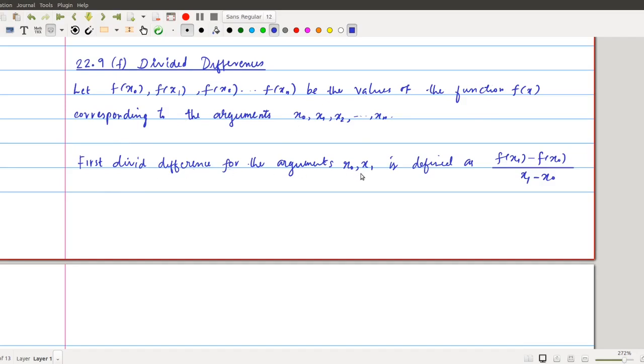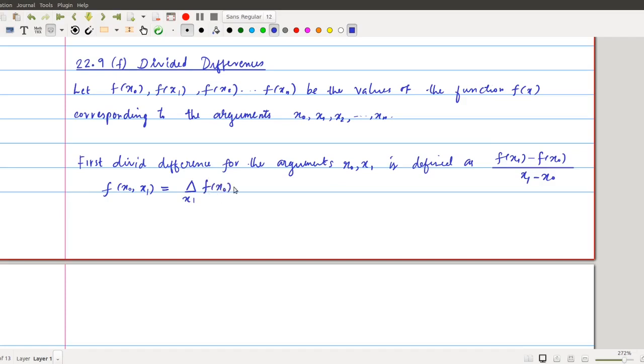Okay, so in contrast to the previous case, we pass arguments x0 and x1 to get the divided difference formula. This is defined as f of x1 minus f of x0 divided by x1 minus x0. So this is denoted by the symbol f of x0 comma x1, or you can use the symbol delta x1 f of x0.